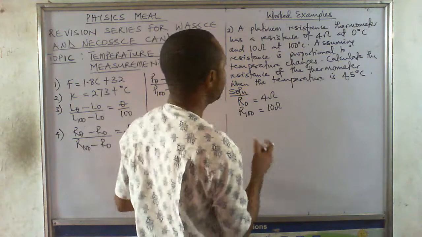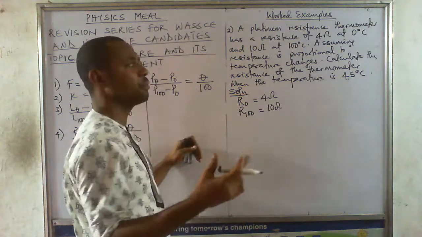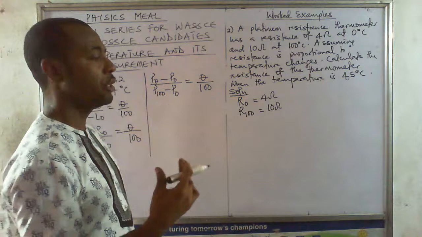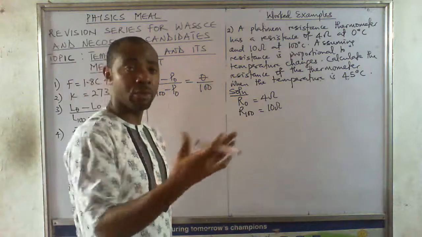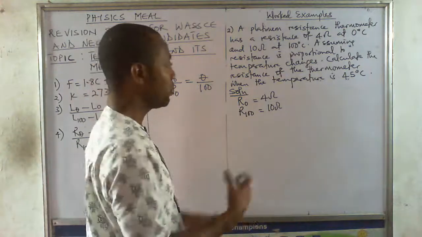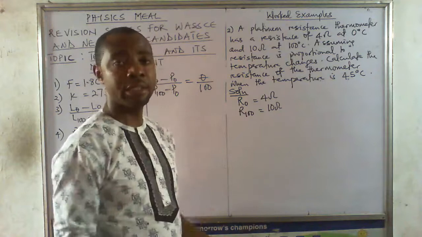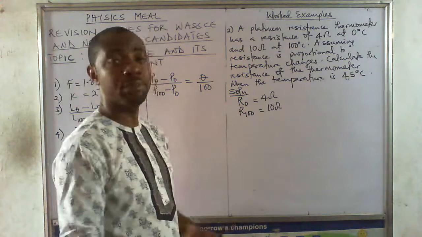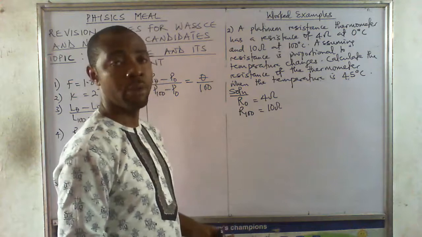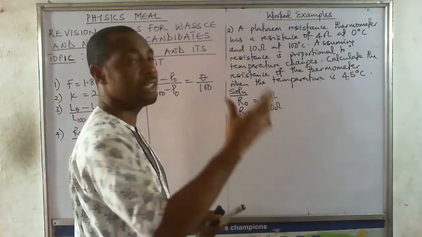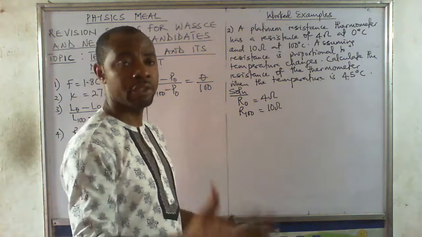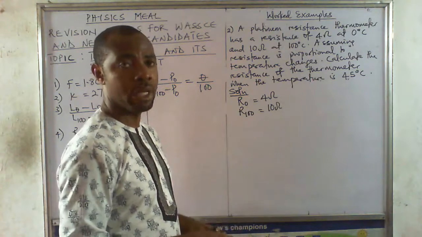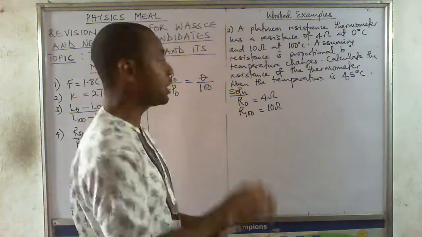They say, assuming that resistance is proportional to temperature changes, based on what we treated previously, the principle here is that a change in temperature will bring about a change in resistance. So an increase in resistance is a result of an increase in temperature, and when temperature decreases, resistance will also decrease.